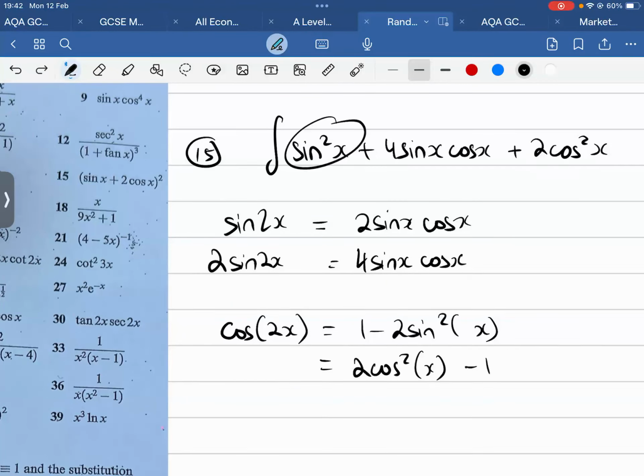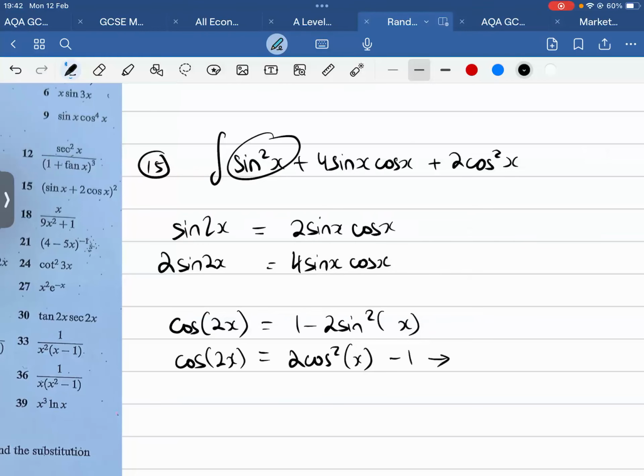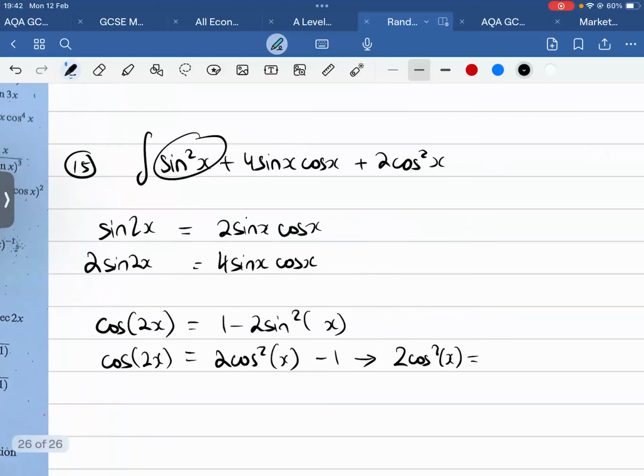So if I know that, what would 2 cos squared x be? 2 cos squared x is cos 2x plus 1, right? And for this one, what would 2 sine squared x be? It's 1 minus cos 2x.